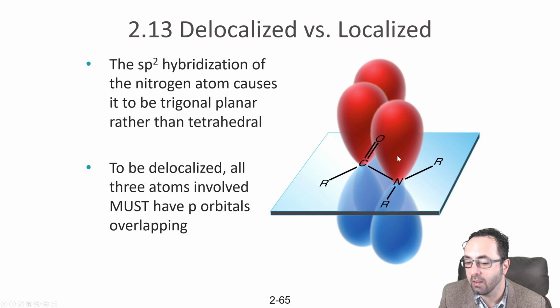So remember, if it's sp3 hybridized, there's no p orbitals left. It has to be sp2 hybridized to leave 1 unhybridized orbital for those electrons to go in. And so for those to overlap, these all have to be in a plane. And so it's sp2 hybridization all the way along this region from oxygen to carbon to nitrogen due to that resonance.